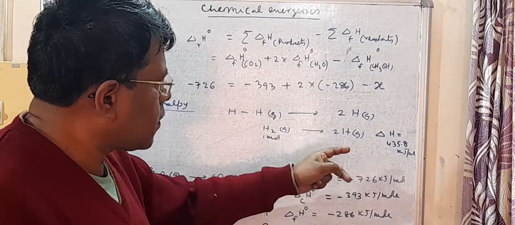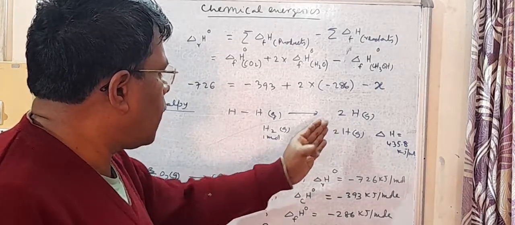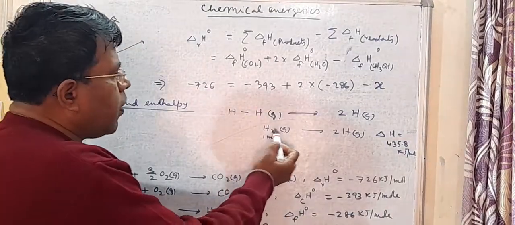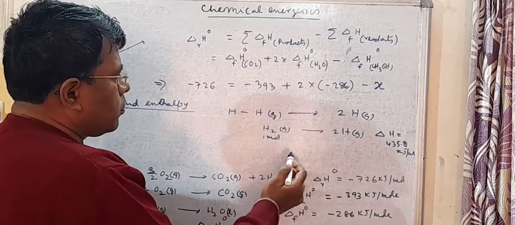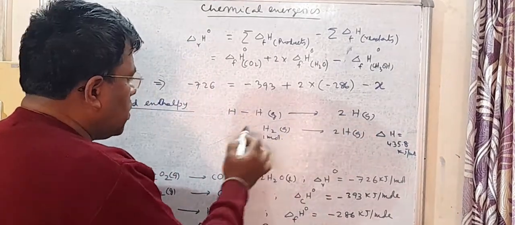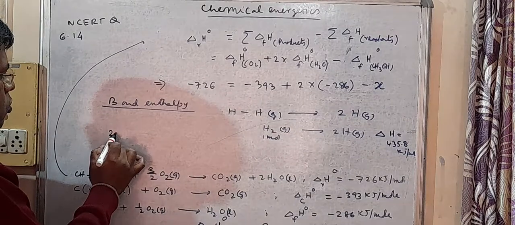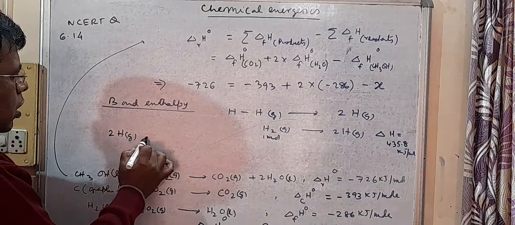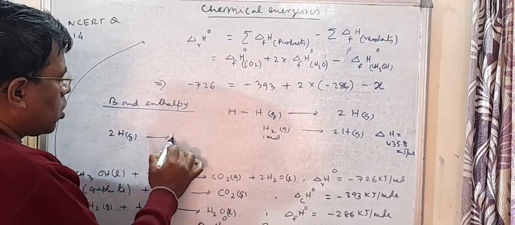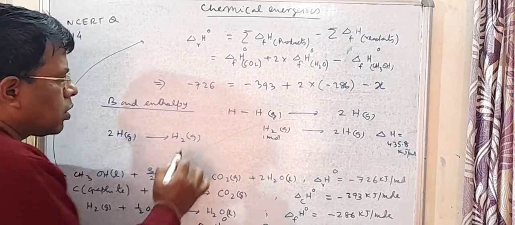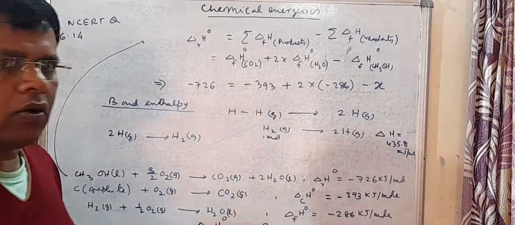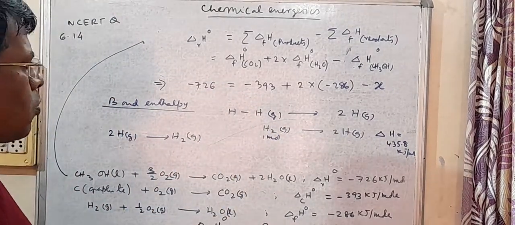Now suppose one thing here, if I reverse this equation, that means if I write this way, 2H gaseous, arrow H2 gaseous. So I have reversed the equation. Now this is a property of thermochemical equation.